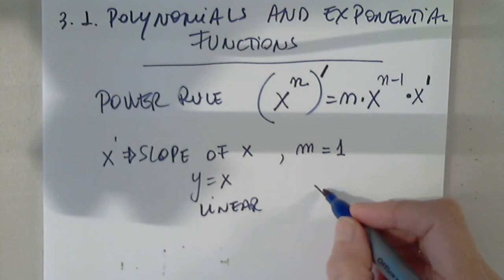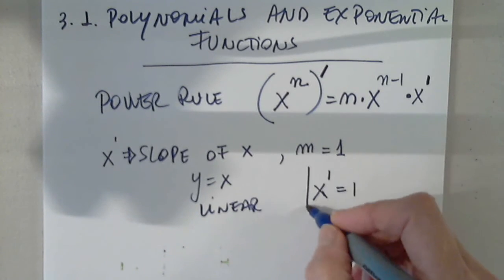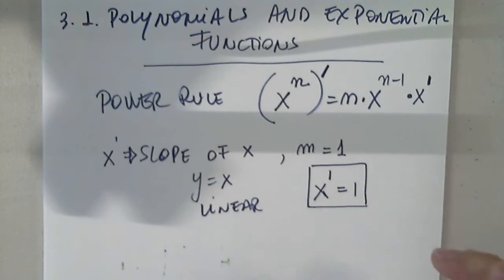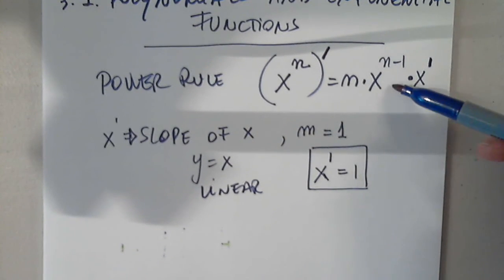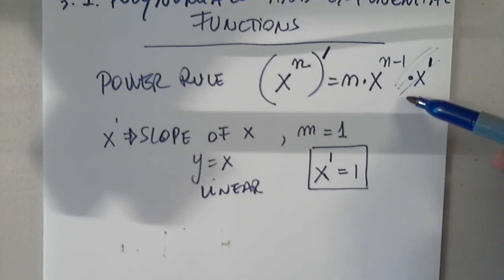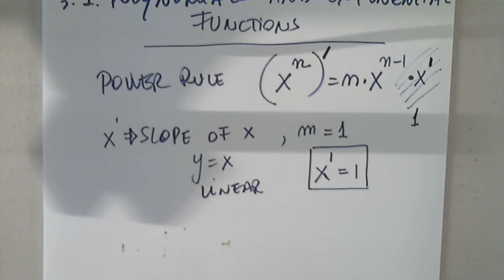So keeping in mind that moving forward, x prime is 1. I'm going to sort of delete it from here because it's 1. But later on I will get to something else and then I'll have to put it back in. So I would like us to get used to it from the get-go.